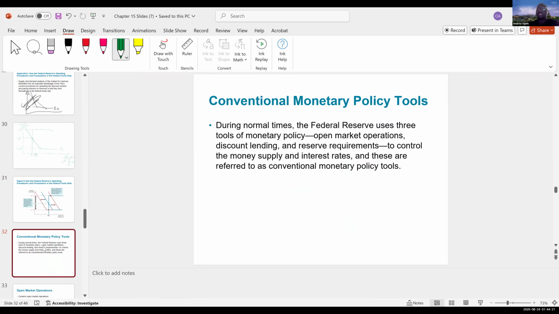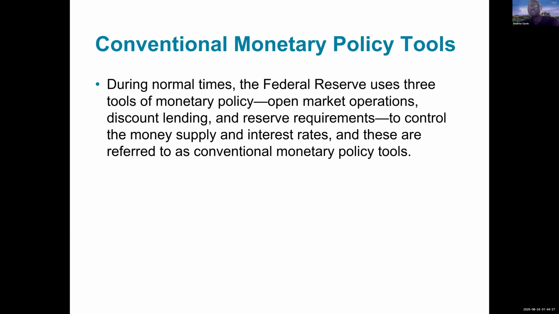So now let's discuss a little bit about the tools of monetary policy further. In normal times, ever since the Federal Reserve was formed in 1913, the Fed would reach for what they call conventional tools of monetary policy to fix the economy. Let's say the economy goes into a recession. The Fed would find out what it can do to fix the economy.